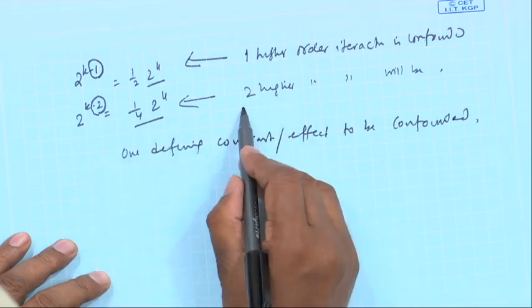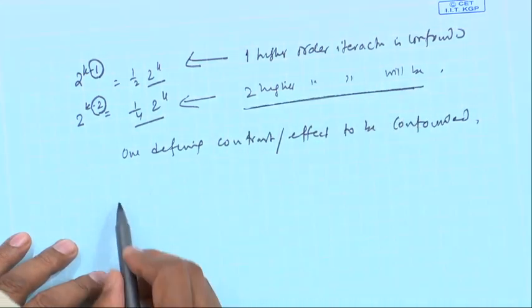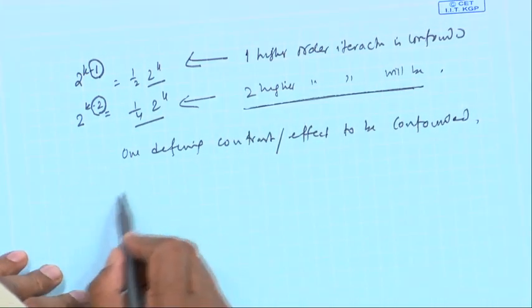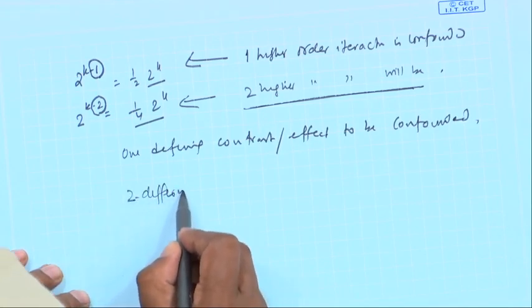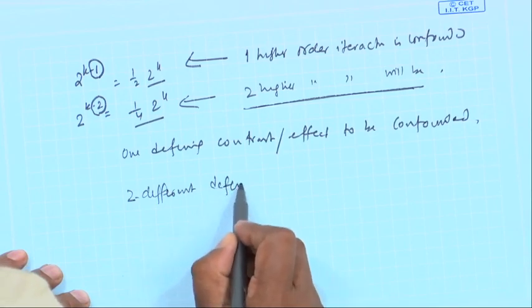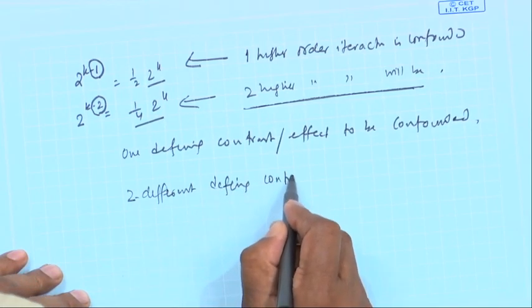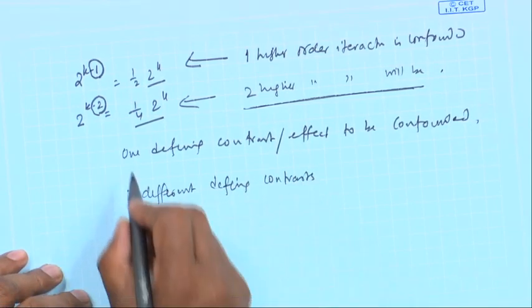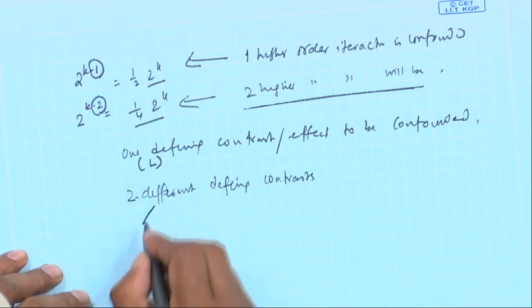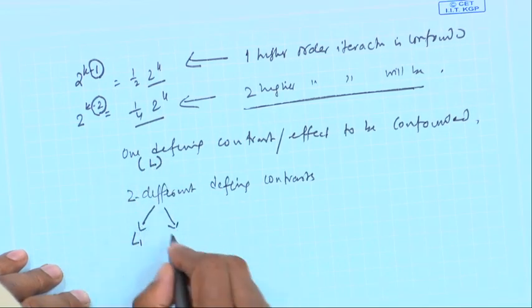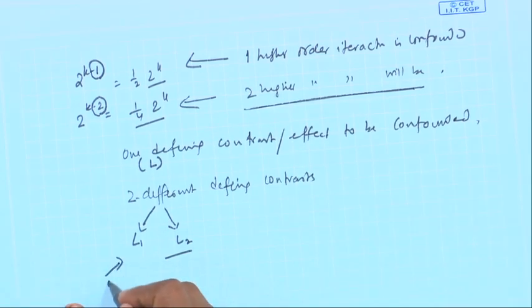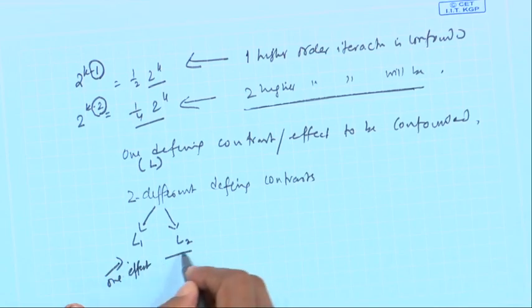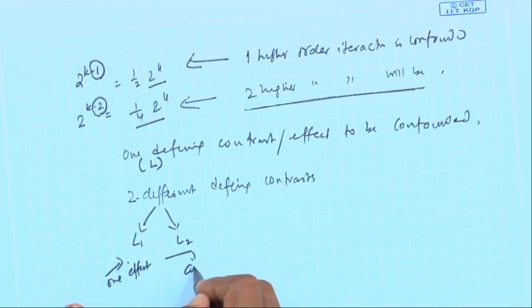So, when 2 higher order interactions are confounded, you will have two different defining contrasts. Here, if we say it is L, here it will be L1 and L2: L1 with one effect, L2 with another effect.